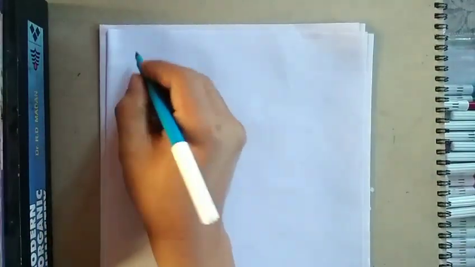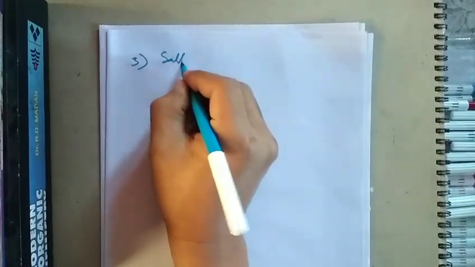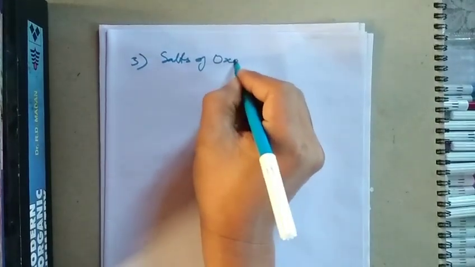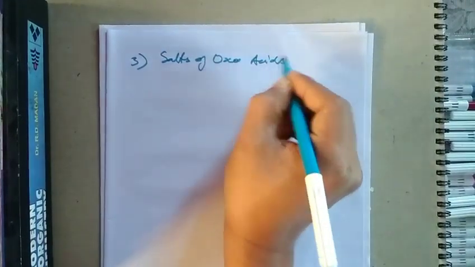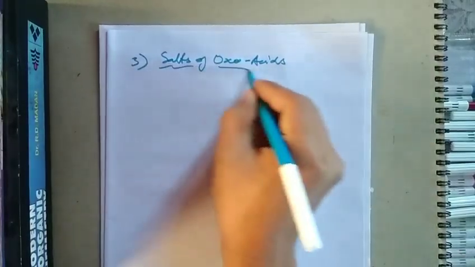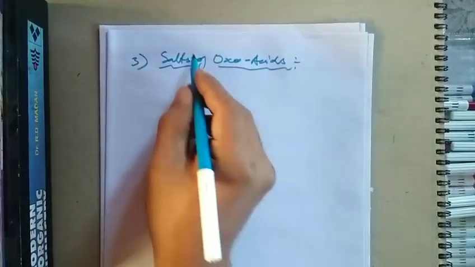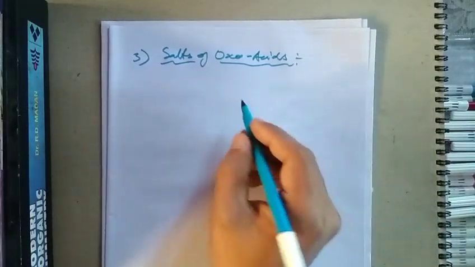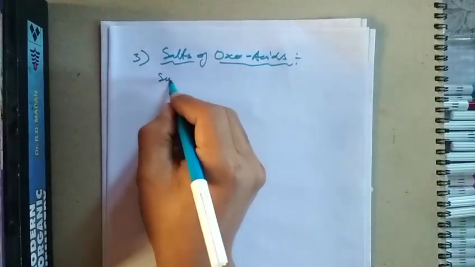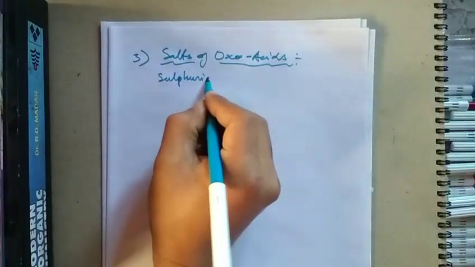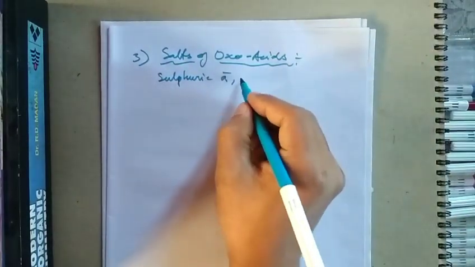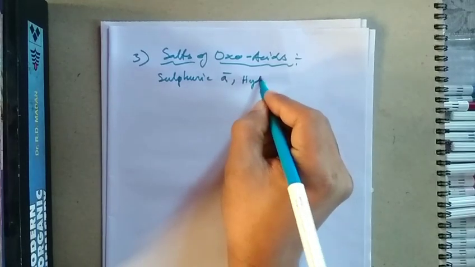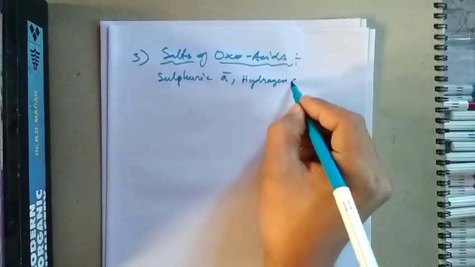Third one, salts of oxoacids. Before going to salts, let's see oxoacids. Examples of oxoacids are sulfuric acid and hydrogen carbonate.